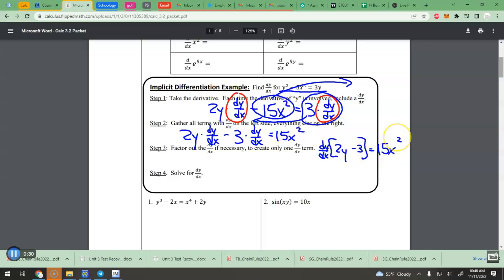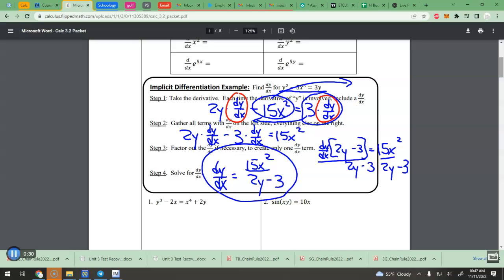And then remember, we're trying to solve for dy dx. We're trying to get dy dx by itself. We're almost there. What's the only thing I have left to do? Divide by 2y minus 3. And so then dy dx equals 15x squared over 2y minus 3.